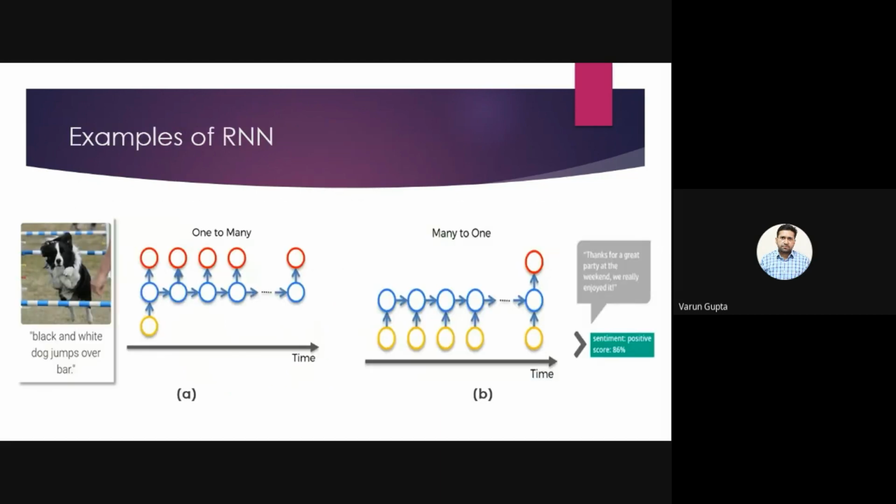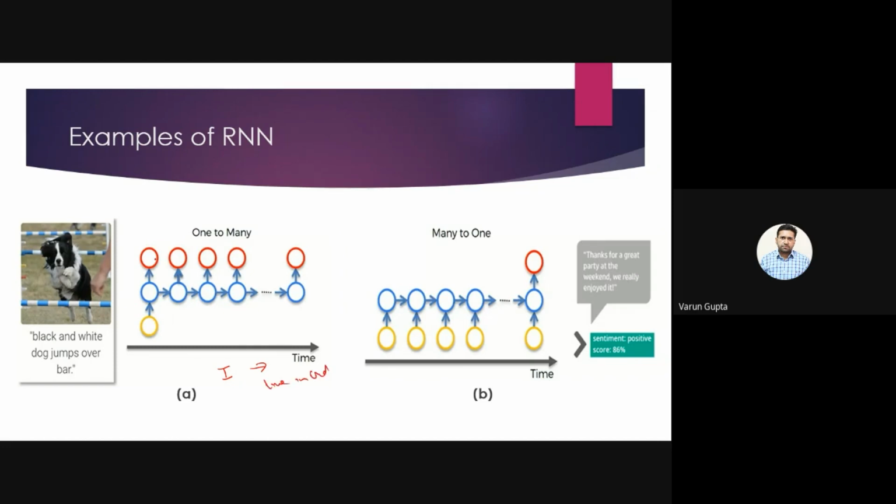Now, different examples of these networks. Suppose the problem is that you want to predict the caption of an image. It's image captioning. So this is the image, and you want to predict its caption. You can have the image as a single node and predict many words for it, so it is a one-to-many problem. Or you provide one word and want to predict the rest of the sentence. Like I provide "I" and have to predict "live in Chandigarh."